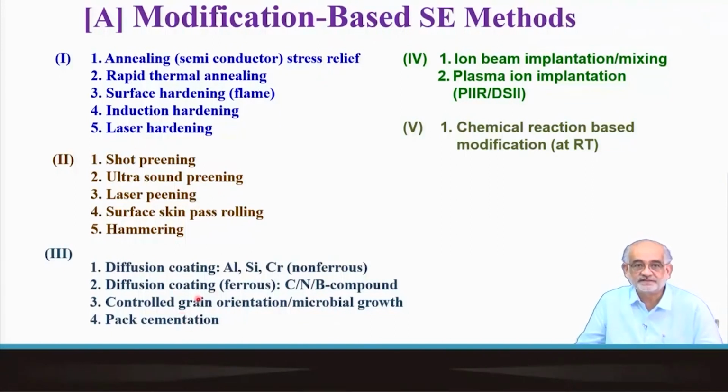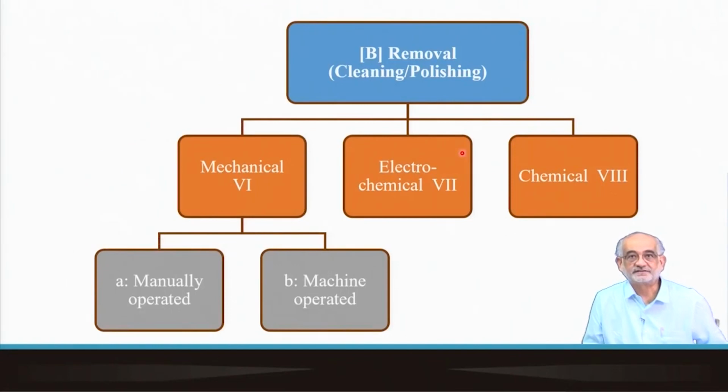These are all possible by thermally activated processes. I can also think of some very special categories where I am modifying the composition and the state of stress both, by ion beam implantation or mixing, or even plasma ion implantation. And obviously, chemical methods are another possibility where I can change the surface composition in a very controlled manner.